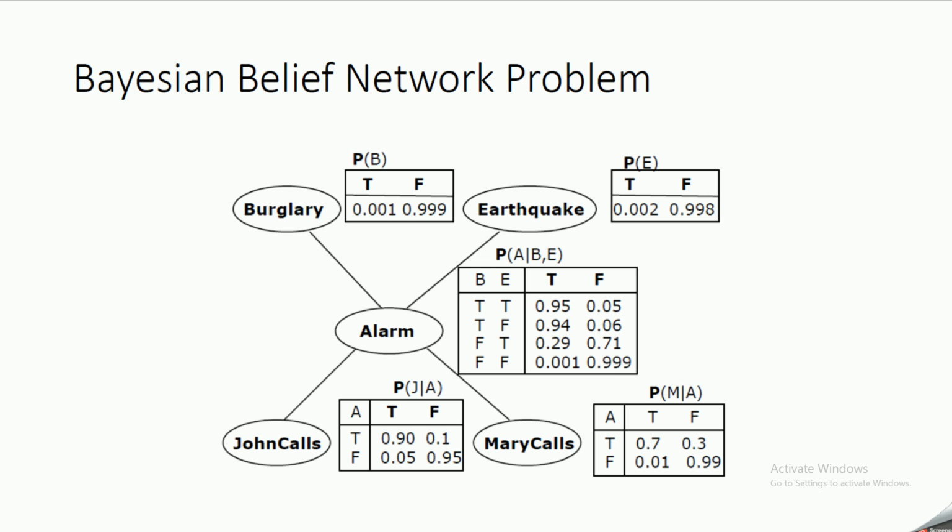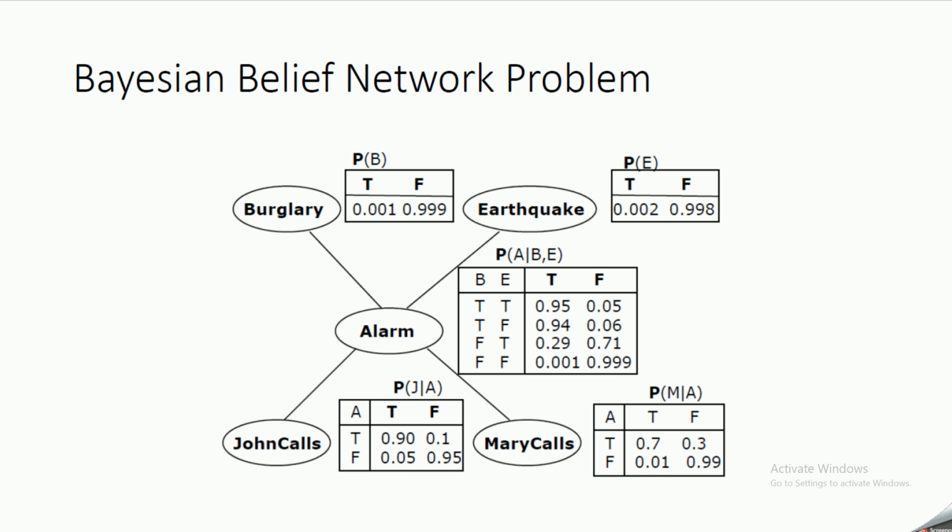The considered node here is alarm, and we have the parent nodes, burglary and earthquake, and the child nodes, John calls and Mary calls.